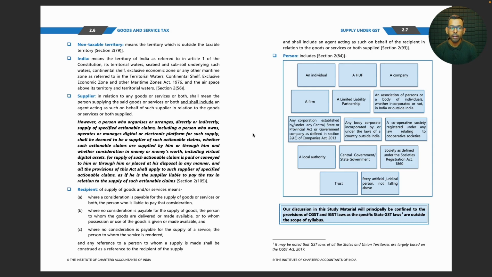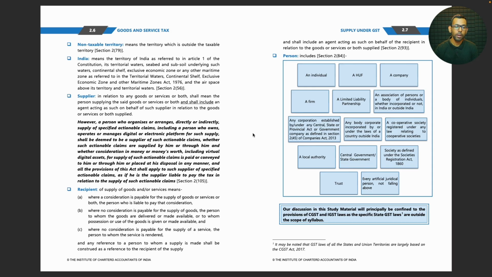India means the territory of India as referred to in Article 1 of the Constitution, its territorial waters, seabed and subsoil underlying such waters, continental shelf, exclusive economic zone, or any other maritime zone as referred to in the Territorial Waters, Continental Shelf, Exclusive Economic Zone and other Maritime Zones Act 1976, and the airspace above its territory and the territorial waters.